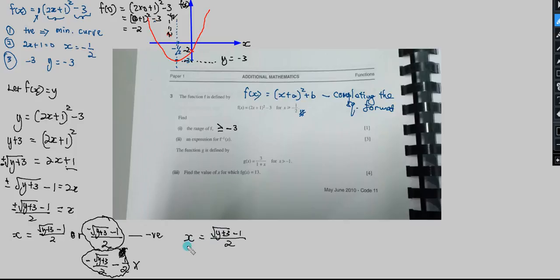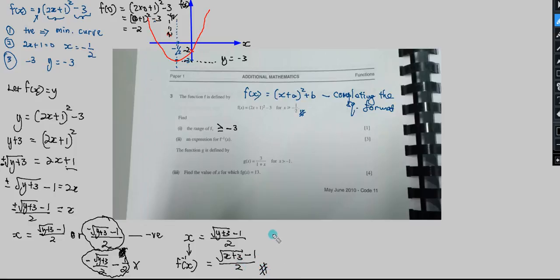Now, the next step is, once you have made x the subject, you let the x become the inverse function. Then your y becomes x. So that's it.